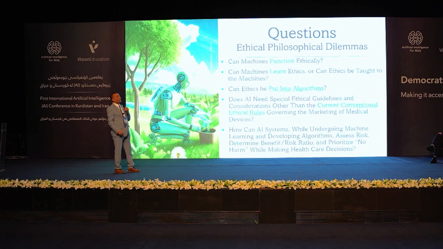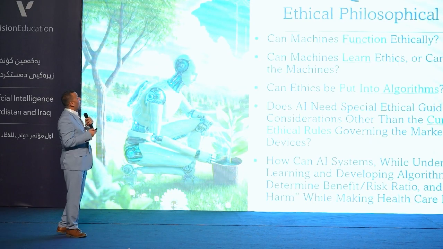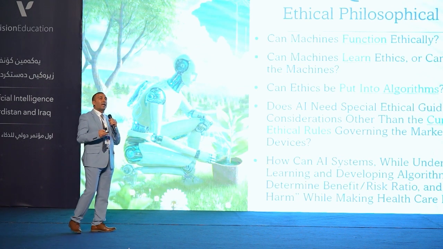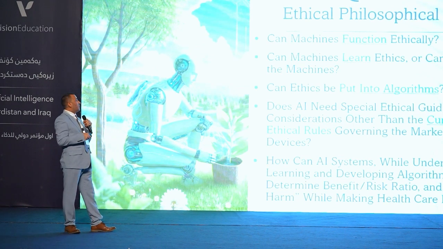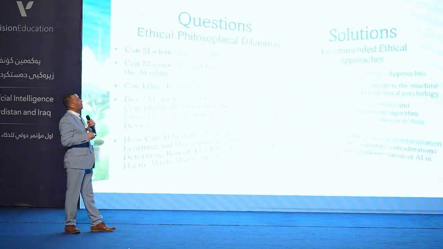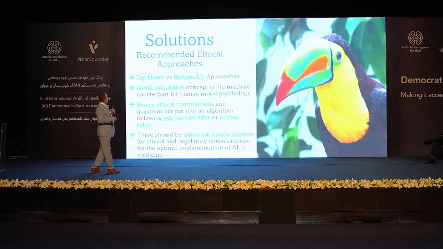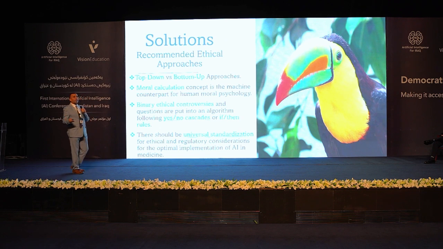The future questions: how will AI machines function ethically and learn ethically, how can we teach machines ethics, and do we have our ethical standards complete to be delivered to the machines? Solutions, like Dr. Dia spoke about earlier: we have top-down solutions starting from the level of the government, or bottom-up, when we start to educate people and deliver solutions.